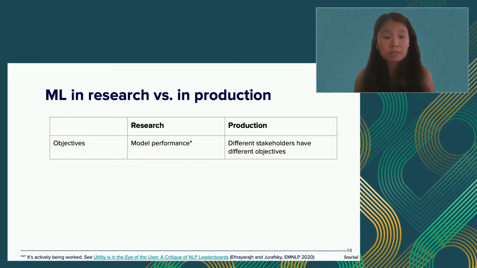Whereas in production, a machine learning project has many different stakeholders, and each of them might have very different objectives. This discrepancy is something that people in academia have noticed and is being actively worked on. In the footnote, you can see the link to one paper if you're interested in how the research community is trying to cope with it.